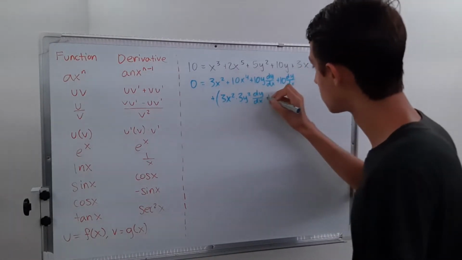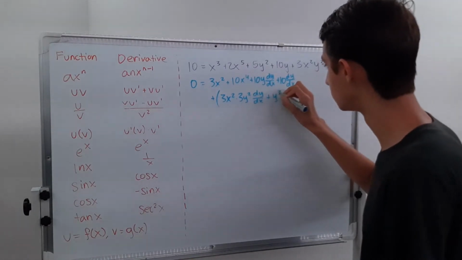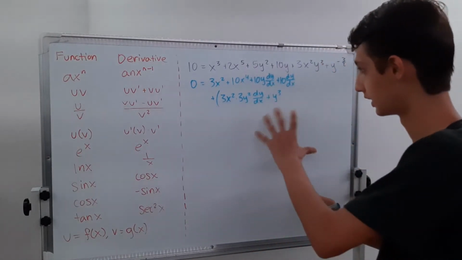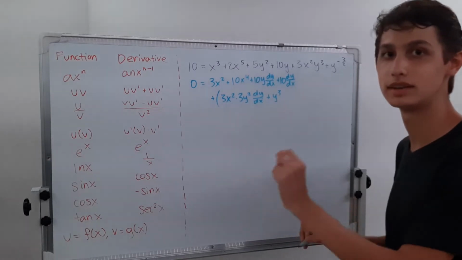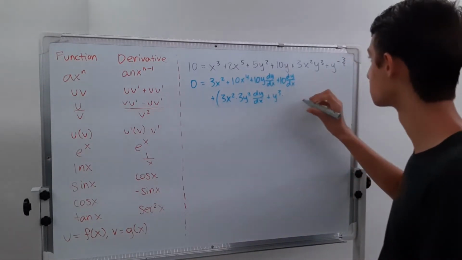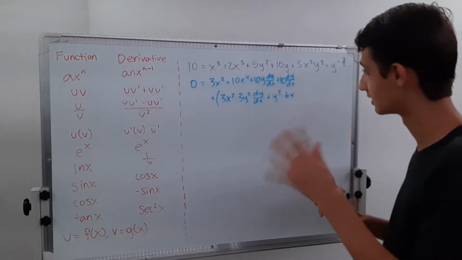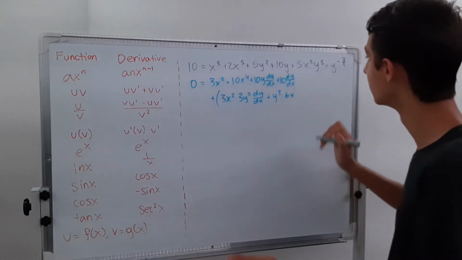plus y cubed. We don't have to write dy dx because it's just writing it out. Only write dy dx when you're actually taking the derivative, times the derivative of 3x squared, which is 6x. No dy dx because that's just normal x, okay?